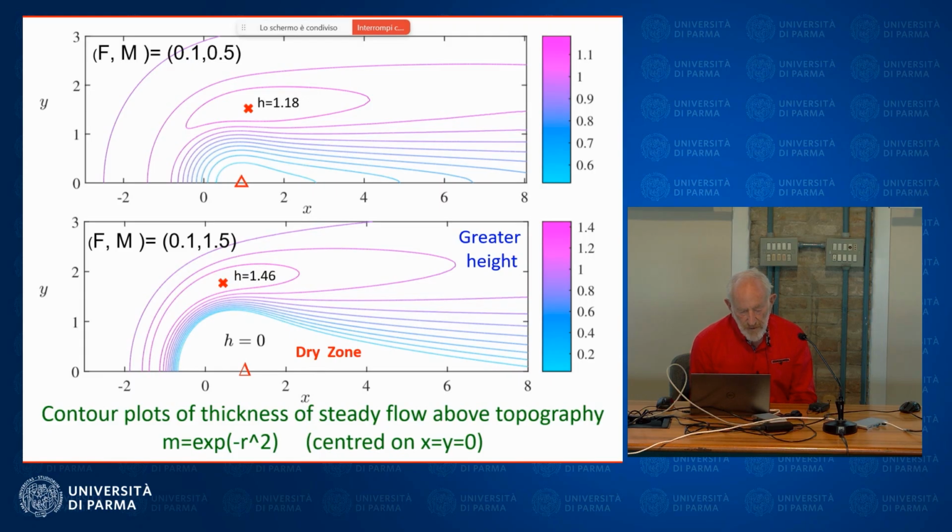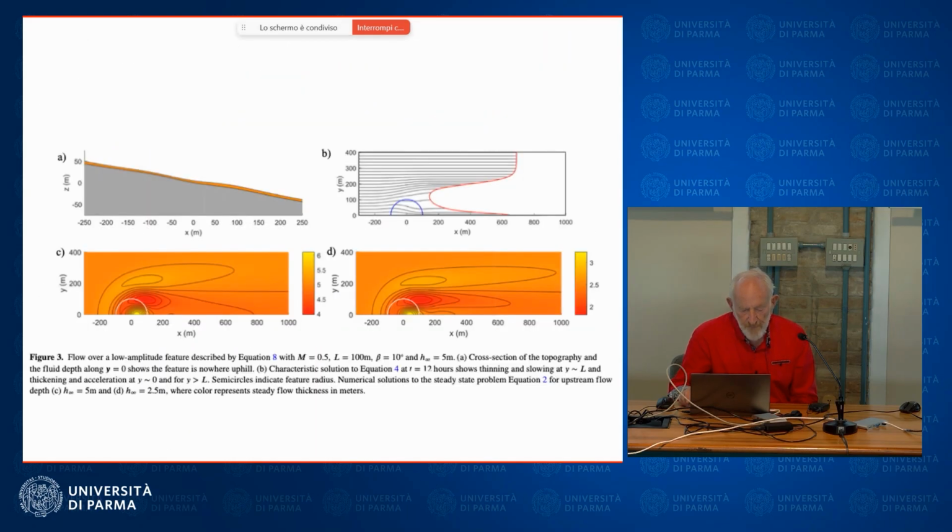And not only do you have a dry zone, as indicated there, with H equal to 0 over that reasonably large region, but of course, where it's at its thickest, it's thicker than if there was a smaller height, because the lava has been diverted, and you see here it's 30-40% thicker with greater height.